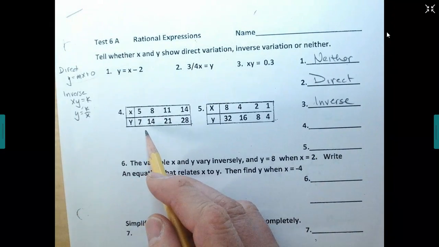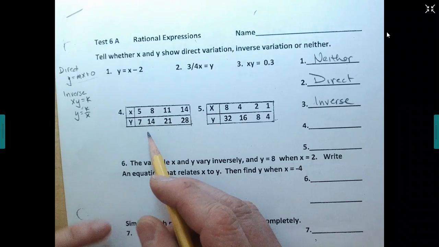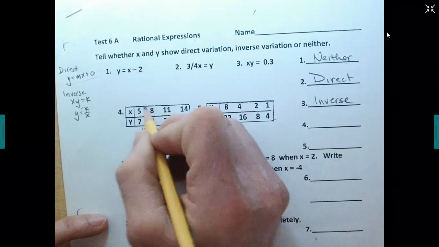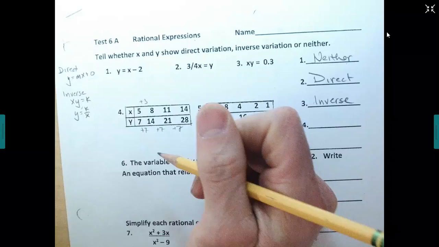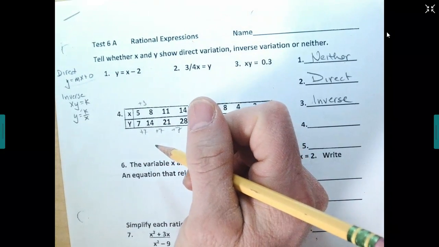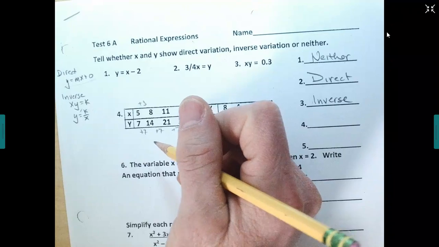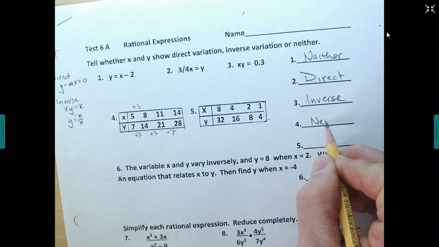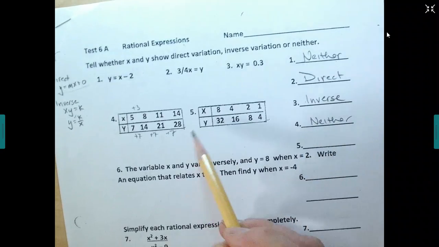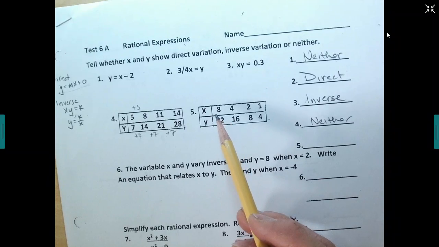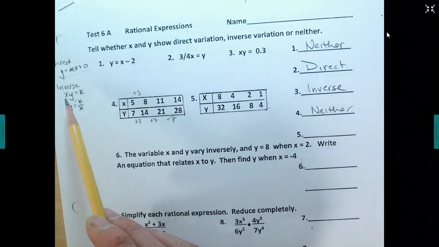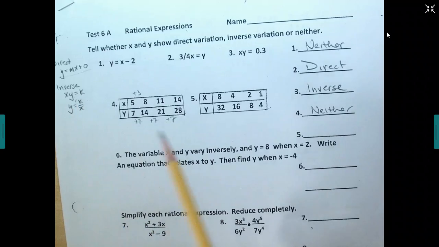Here we've got a table. And we look, we see we have plus 7. We have plus 3. If there's no direct here, this one is neither. If we look here, 8 times 32 is different than 4 times 16, so it's not going to be inverse.